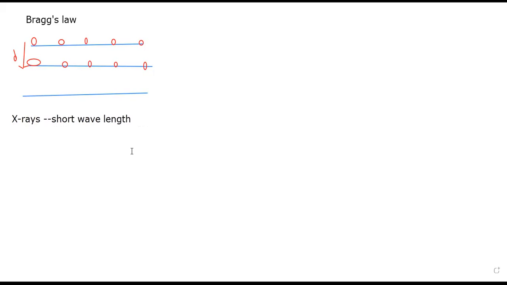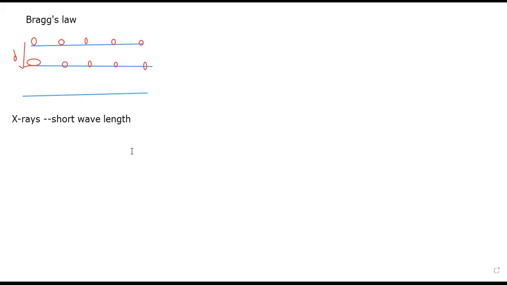They can penetrate through the crystal lattice. Ordinary light cannot penetrate through the crystal lattice, even though it is transparent. It just passes through the substance if it is transparent, but it could not penetrate through the lattice of the given crystal.